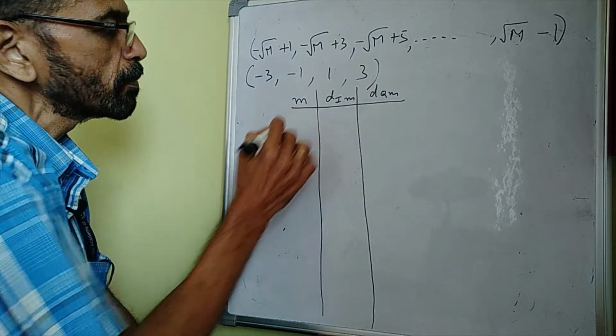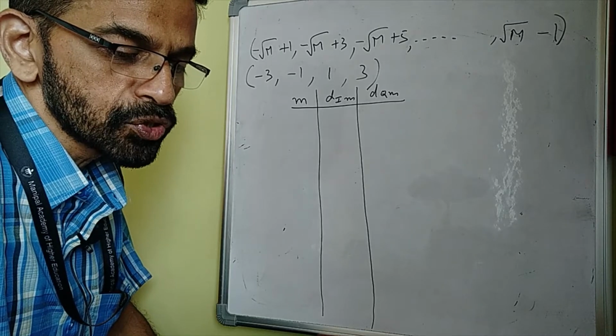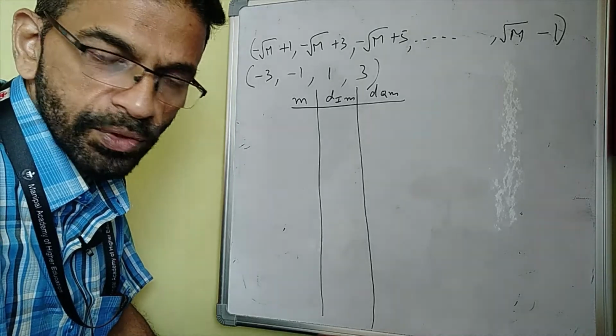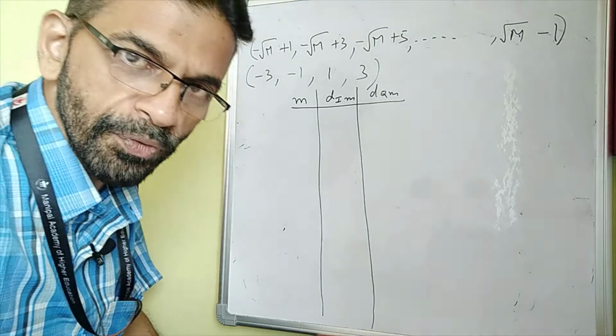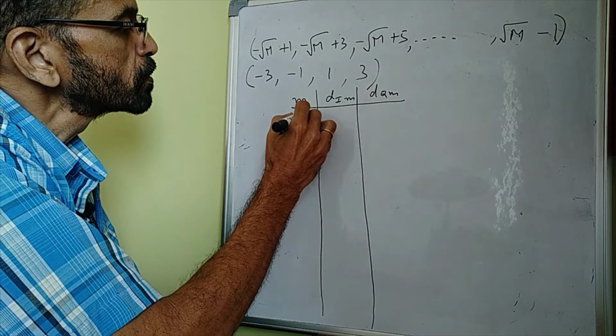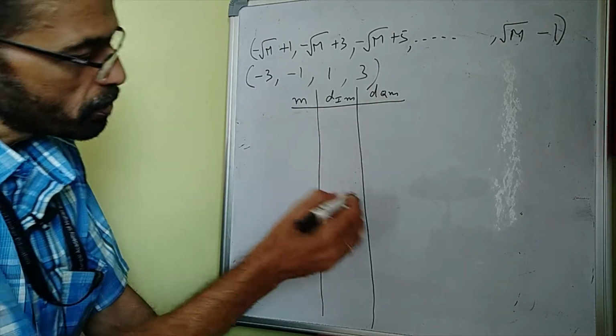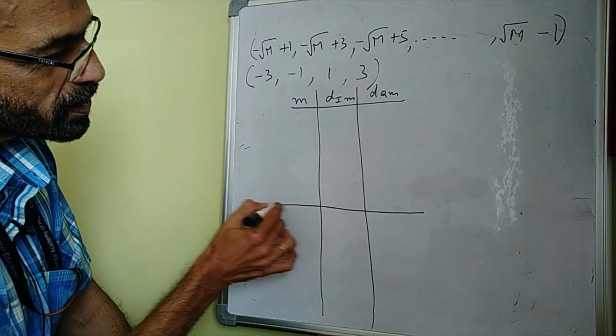So m can take integer values 0, 1, 2, etc. up to M minus 1. M is 16, so 0, 1, 2 up to 15 it can take. So let me write that first.